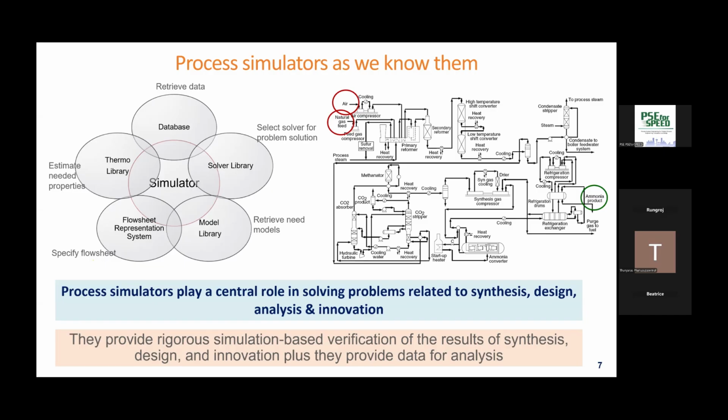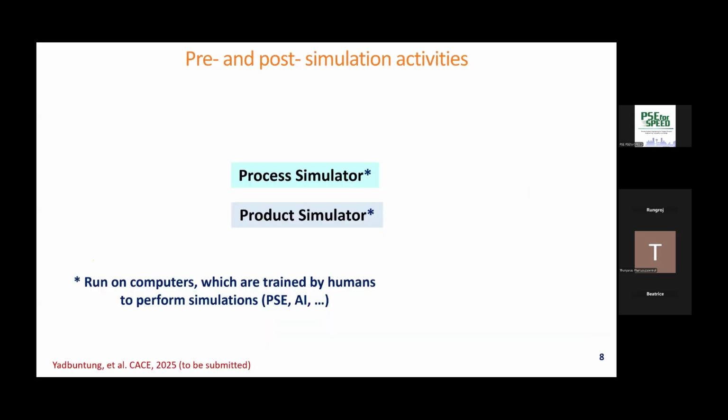So what we do based on all of this, we say that we have the product simulator, we have the process simulator. These simulators run on computers. These are trained by humans to perform simulations. And the techniques used to train are PSE techniques, AI techniques, and many more.